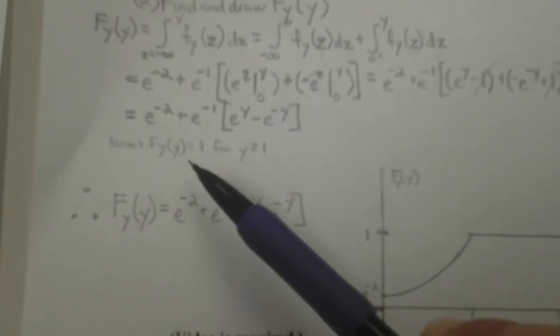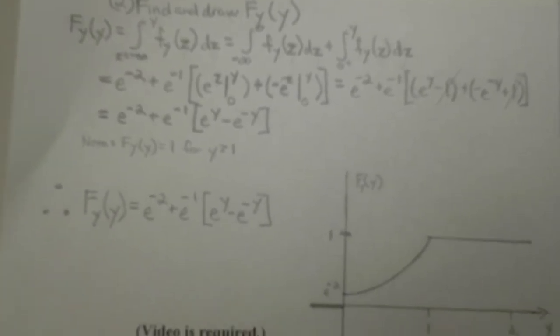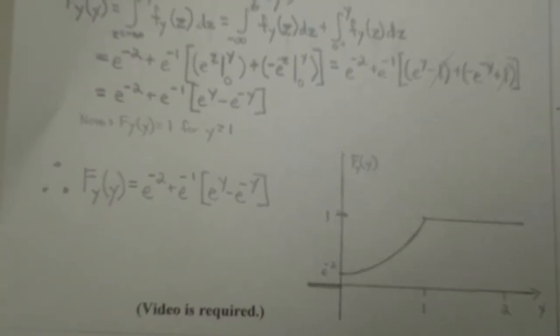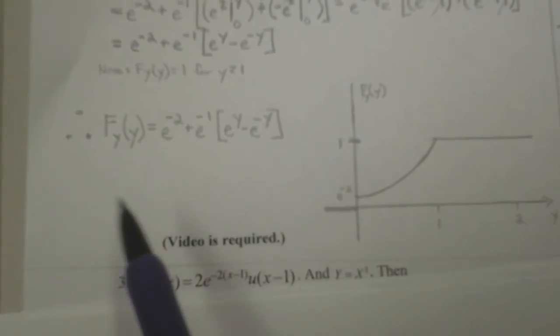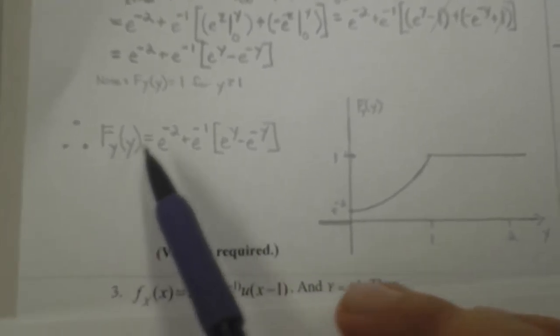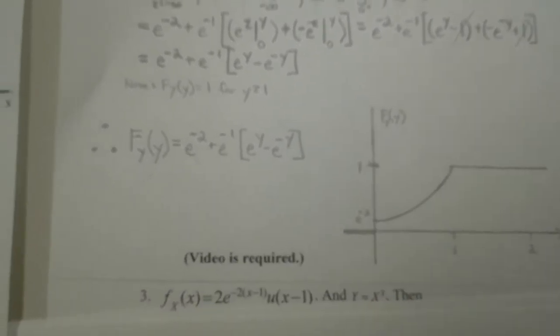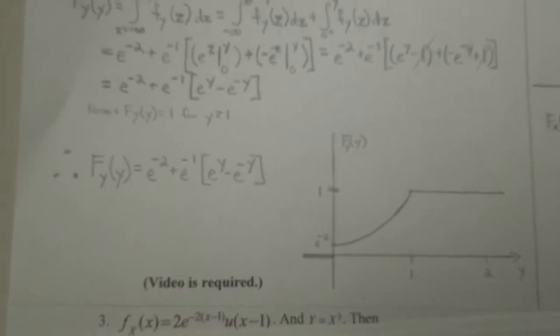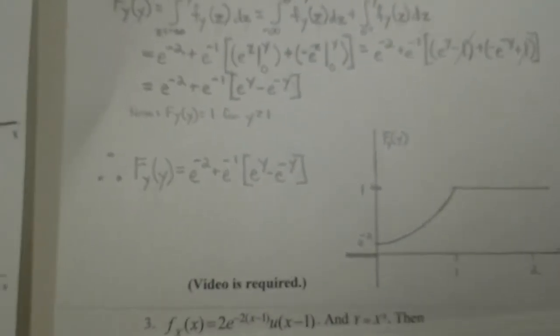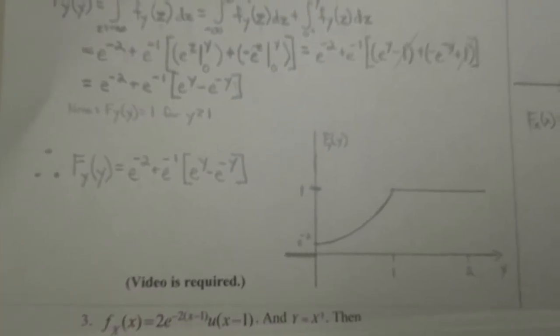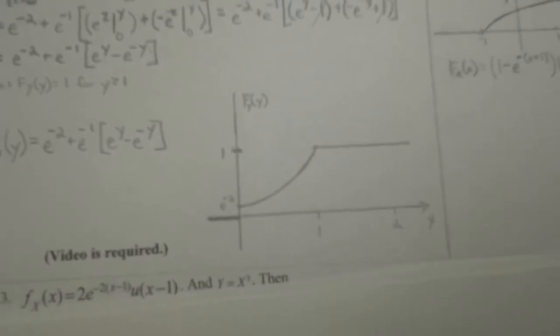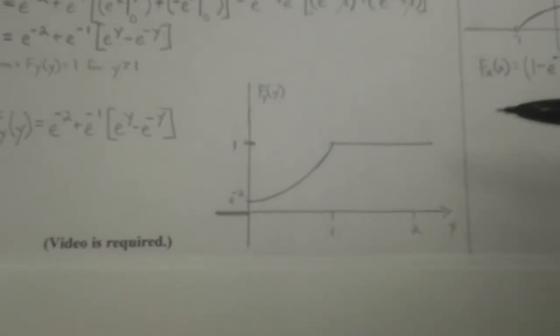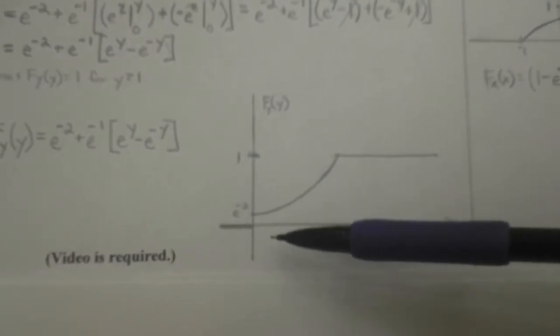Again, we know big F of y is going to be equal to 1 when y is greater than 1. And we end up with an equation for big F of y of e to the -2 plus e to the -1, basically what we described up here, times the difference of e to the y minus e to the -y. And the graph corresponds to this right here.